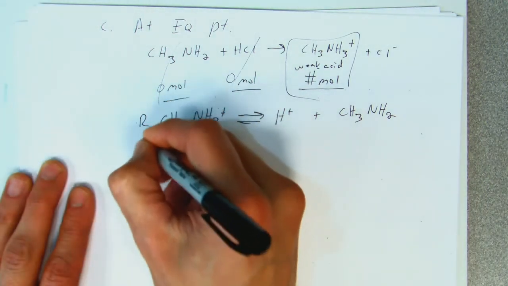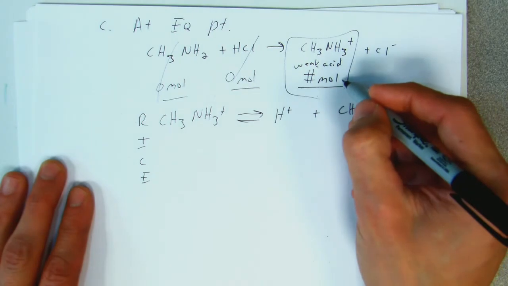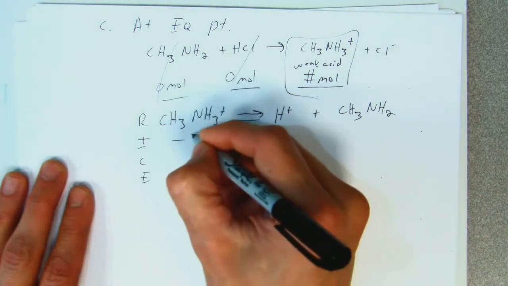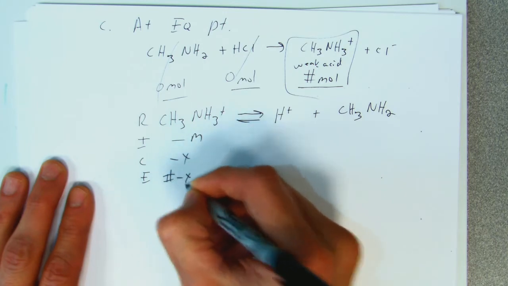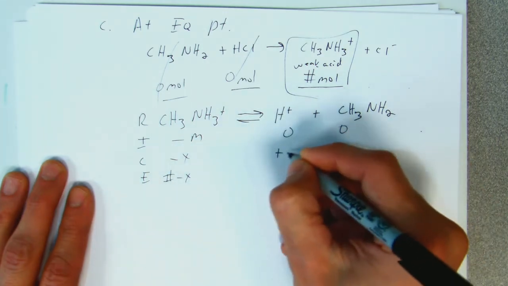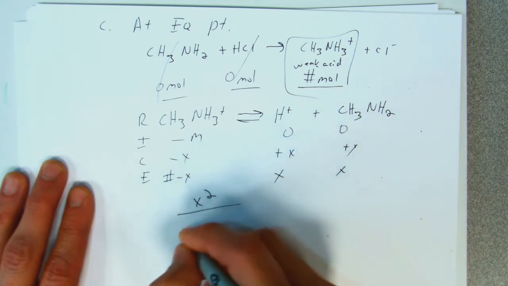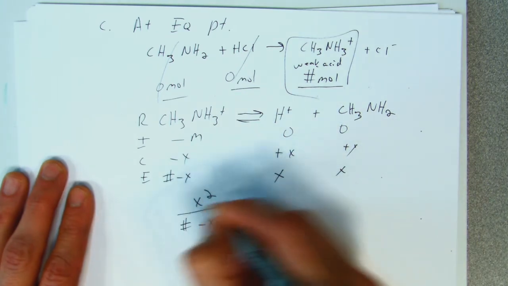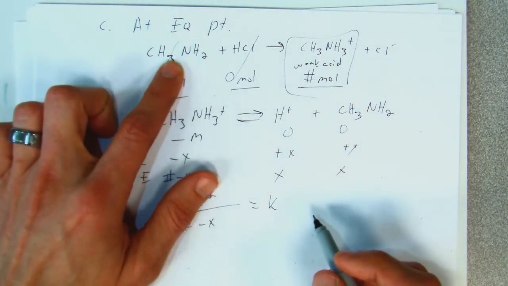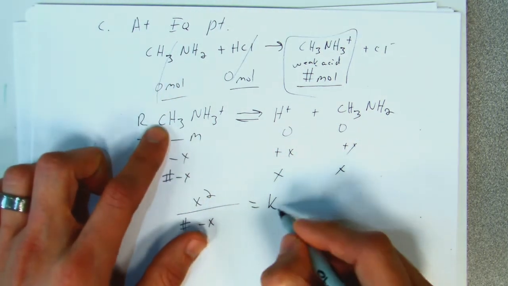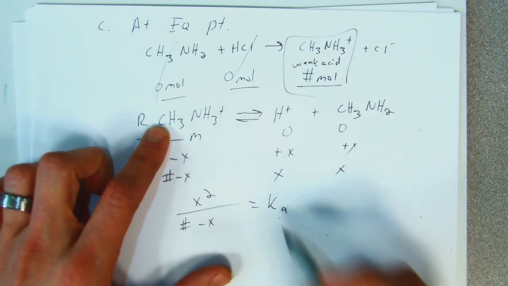And if I work my RICE table, I could figure out the molarity of this stuff, put the molarity right here, do a minus x, and initial molarity minus x, 0 and 0, plus x, plus x. And then I would have what? x squared over that initial molarity minus x, and that's going to equal my K. And in this case, since I have a weak acid acting as an acid, it's my Ka.